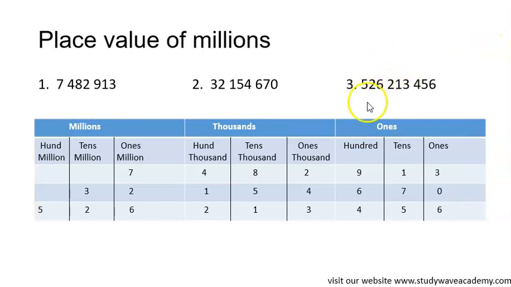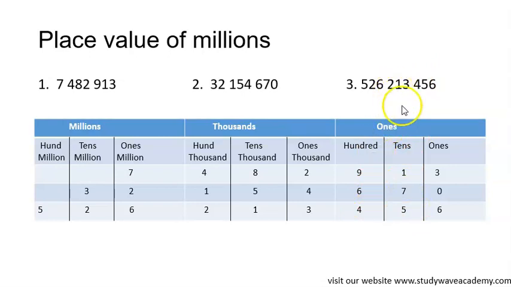We have the last example here: 526,213,456. We start with the last digit at our right. 6 under the ones column in ones, 5 under the tens column in ones, 4 under the hundreds column in ones.